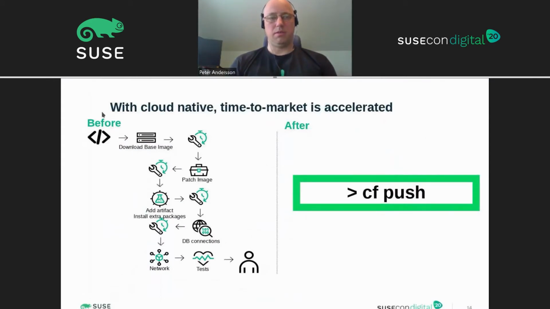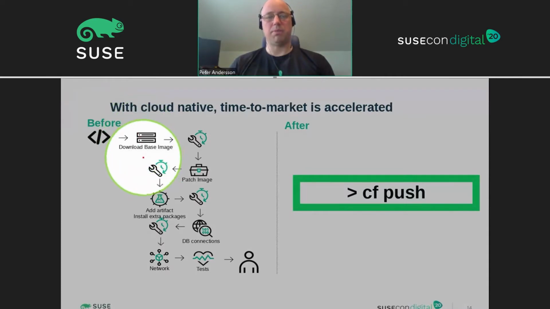So this is the benefit of running a true PaaS platform. If you're running more on a container platform, you have to take care of a lot of infrastructure things. So for example, what many pipelines contain is that you start with the base image, you patch the image, you add some stuff to it, maybe glibc and other things.